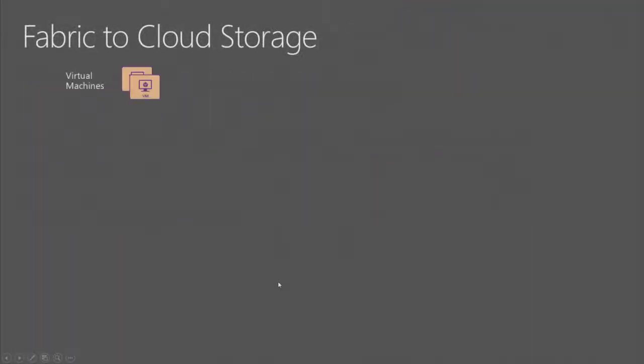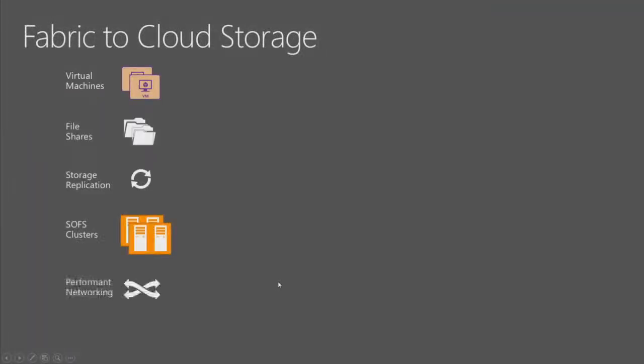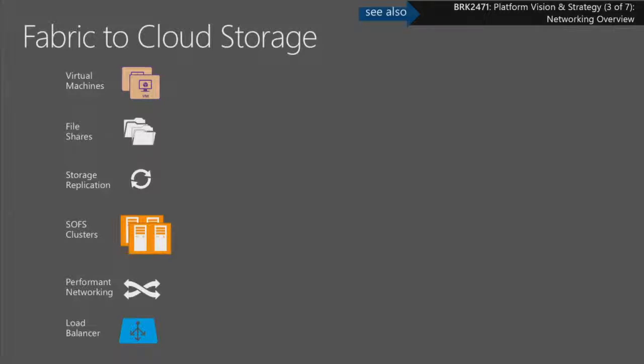Create plans and offers, which we have discussed. So there are a bunch of fabric resources, virtual machines, that together feed into standing up Azure Consistent Storage Services. Virtual machines, file shares, replication, configuration, whatever you choose to build. Scale-out file server clusters, networking, load balancers. We'll see where the load balancer comes into the picture in just a minute.